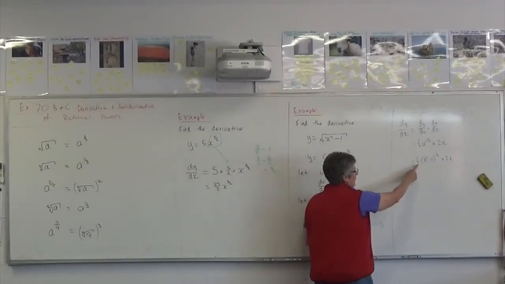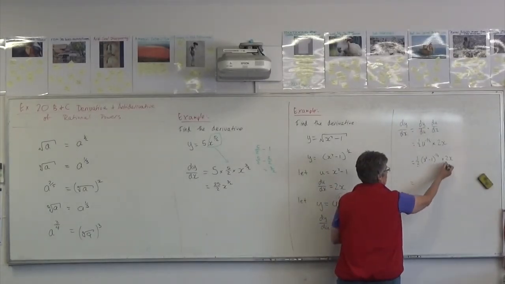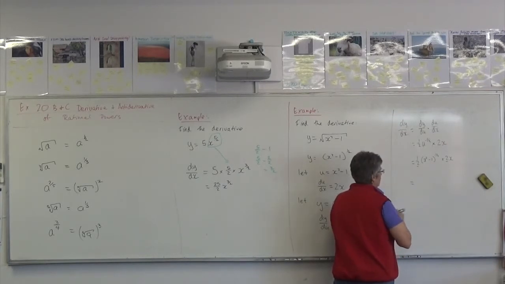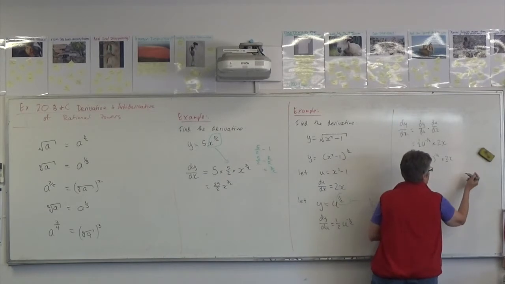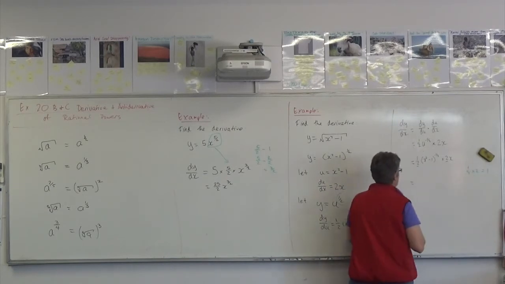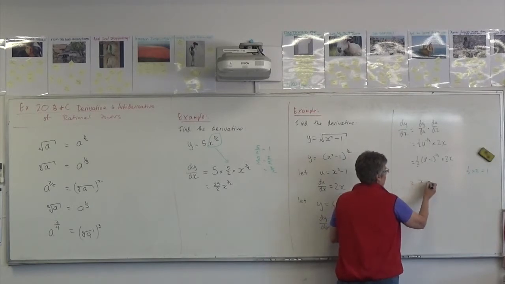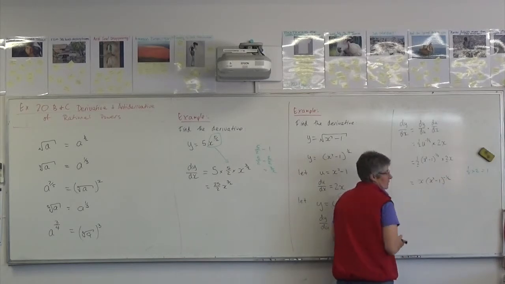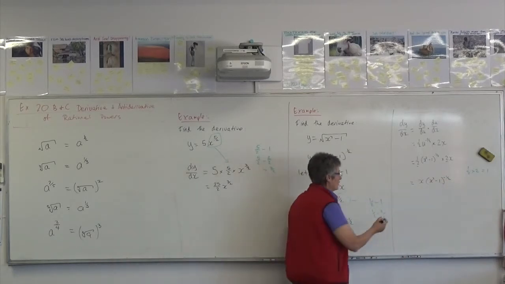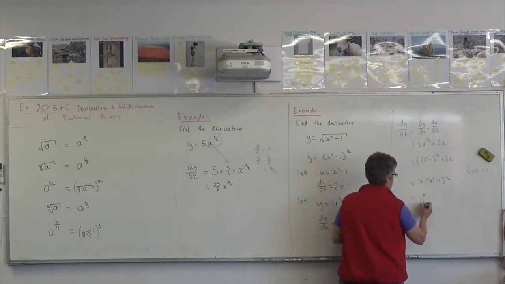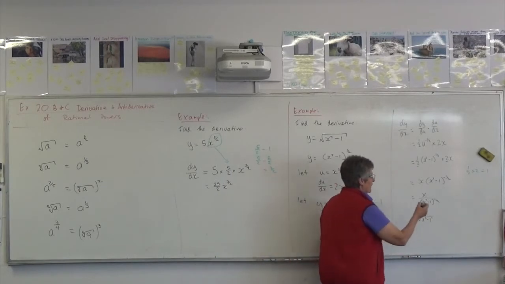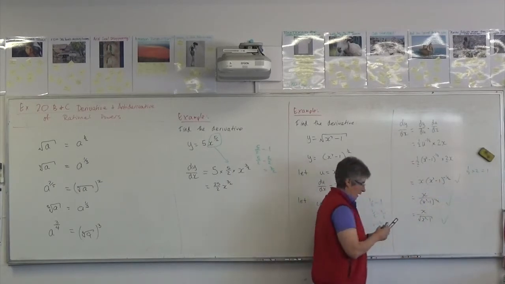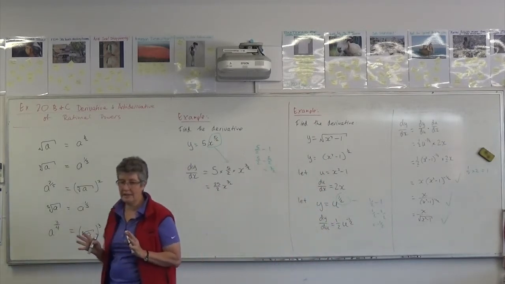Now I can look to try and simplify that down. So, a half times 2 is 1. Okay. I can bring that out to the front. That's the correct answer, just there, but I could write it as, and then I could write it as, so either of those answers are correct, okay?